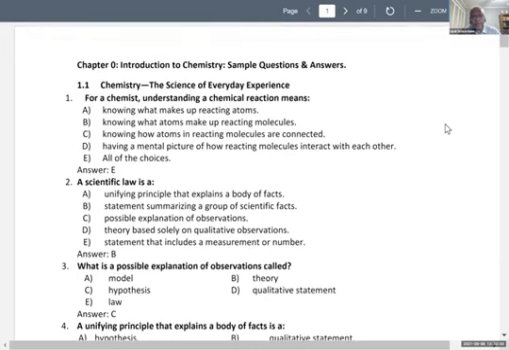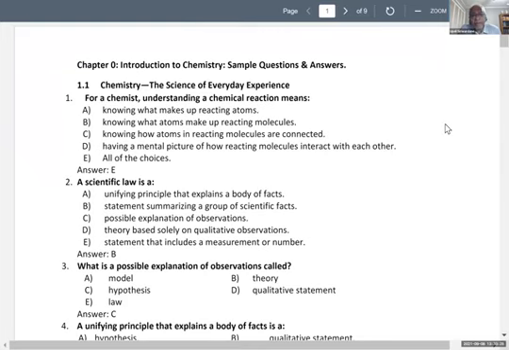Now, in the introduction, we talked about chemistry for everyday experience, science, especially chemistry. Number 1, for a chemist, understanding a chemical reaction means knowing what makes up the reacting atoms. That seems to be correct.